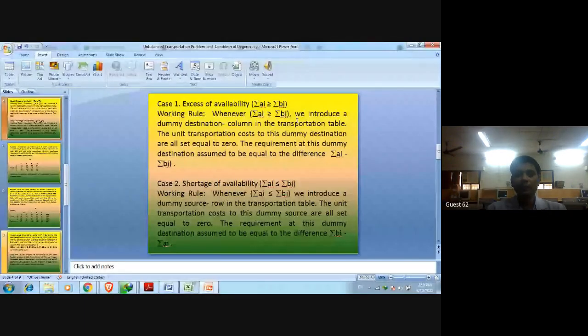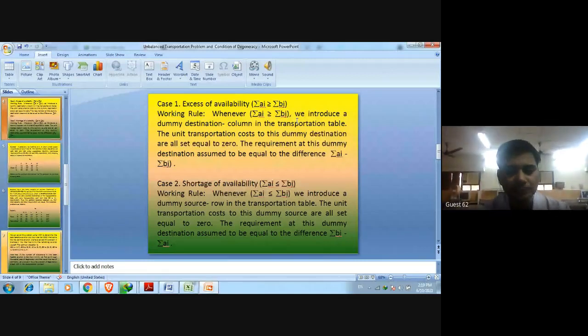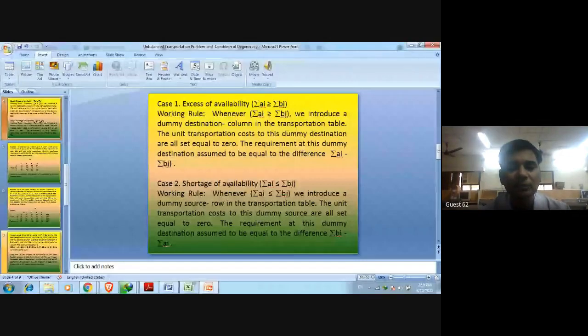The unit transportation costs to this dummy source are all set equal to 0. And the requirement at this dummy source is assumed to be equal to the difference, summation of Bj minus summation of Ai.